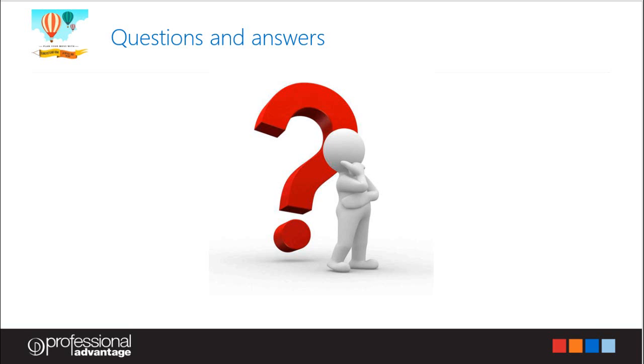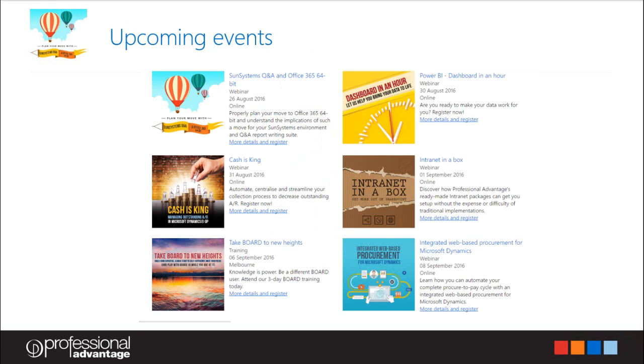So just to quickly wrap up, we just wanted to identify a couple of other webinars that PA will be running in the near future. As you can see from the slides here, there are a number of events that we are identifying.